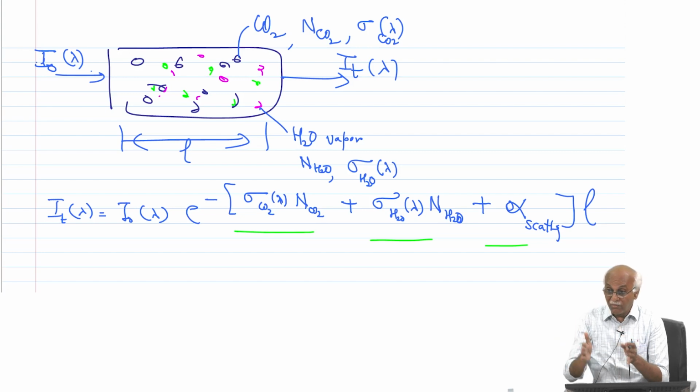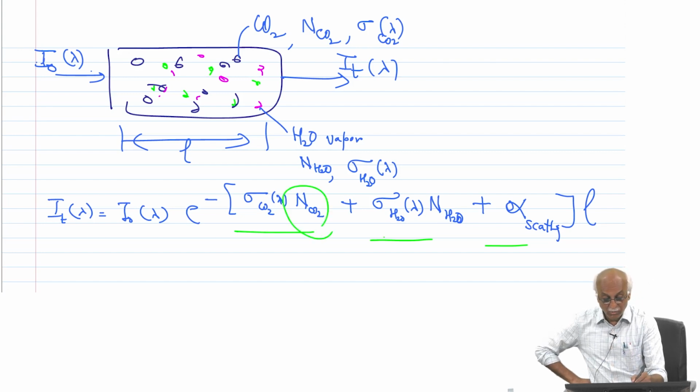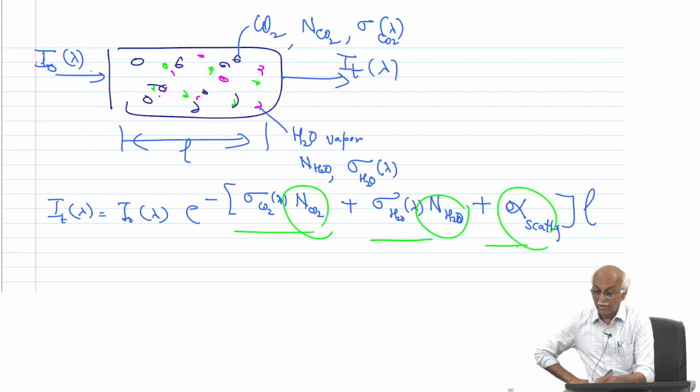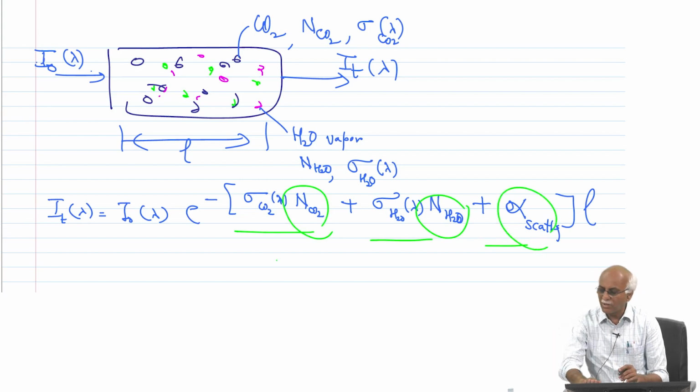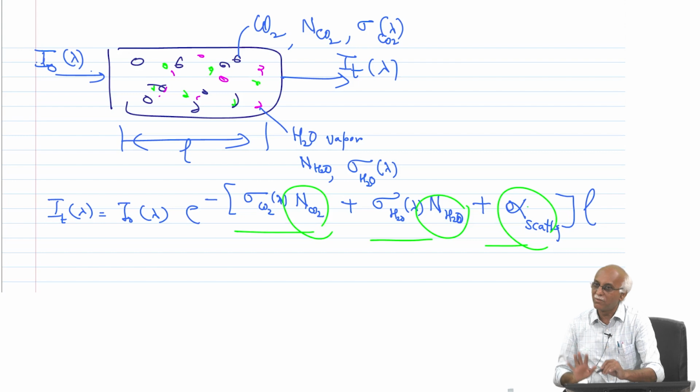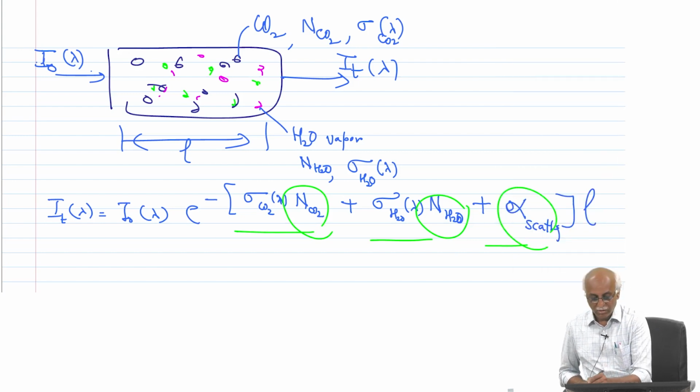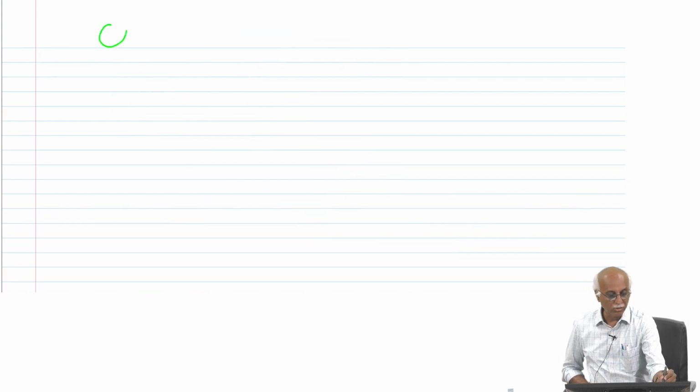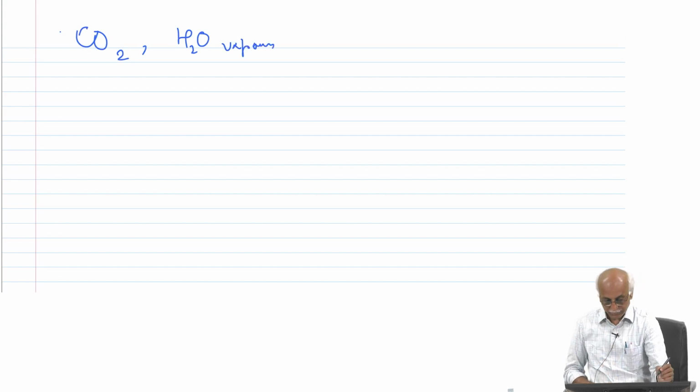To differentiate these values, what shall we do now? Let us say we will not consider scattering, at present we will assume there is no scattering, there are only two molecules, CO2 molecules and water vapor, which are absorbing incoming light.